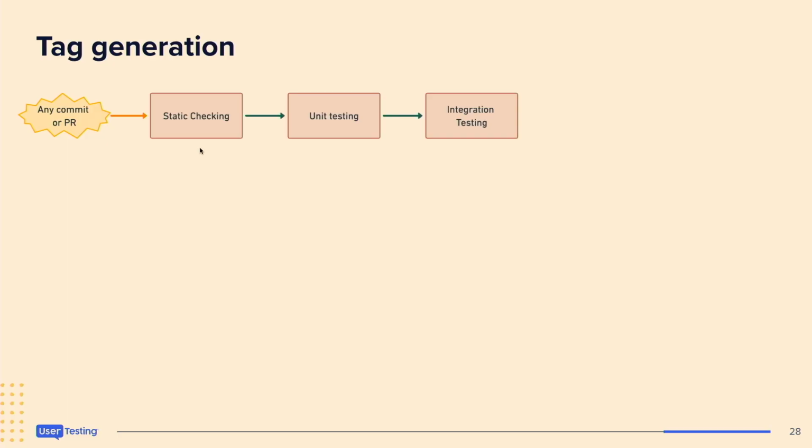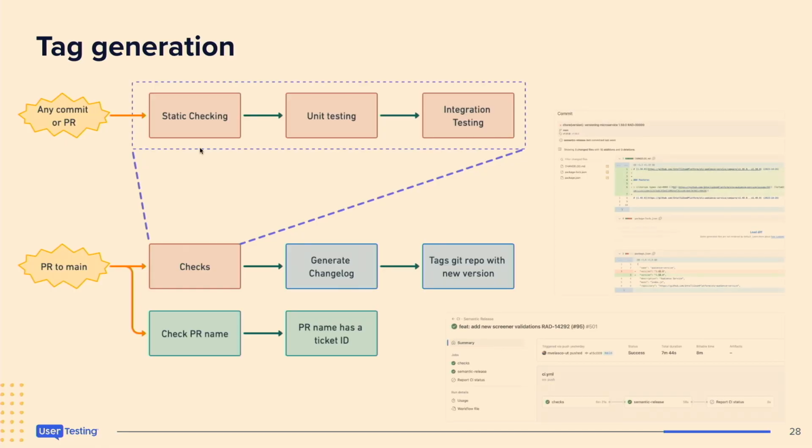So first of all, tag generation. Any change into our code base has to pass different checks, similar to the ones that Sergi already explained. But where things get interesting is when we merge to main, when we do a PR to main, right?